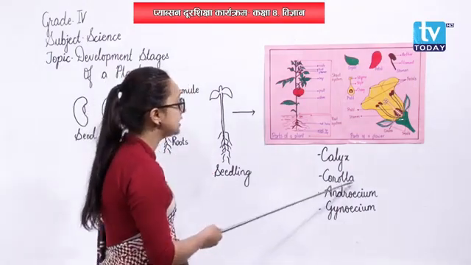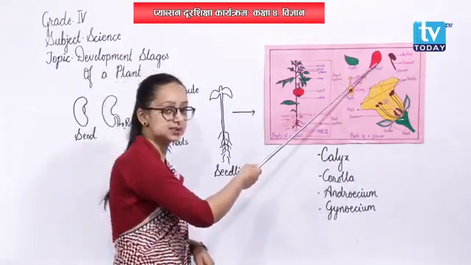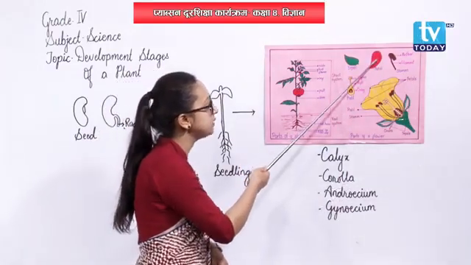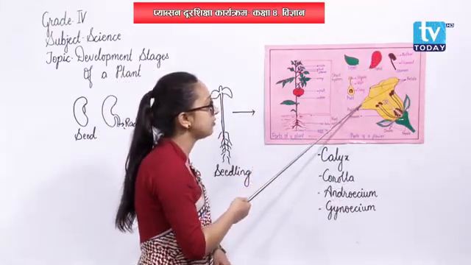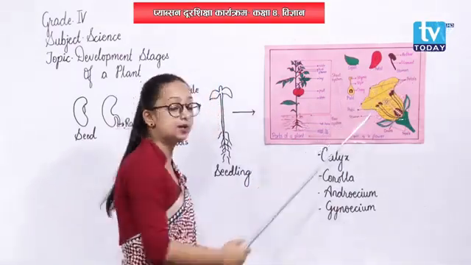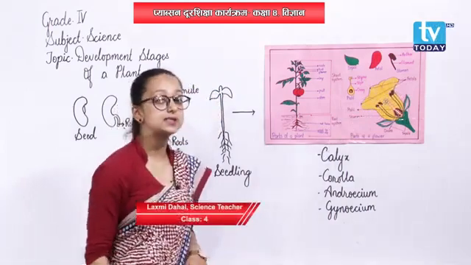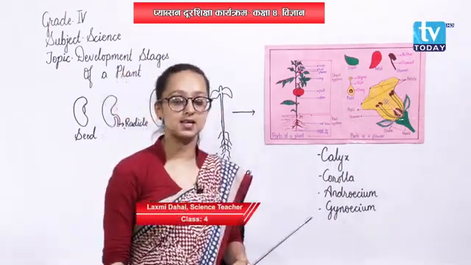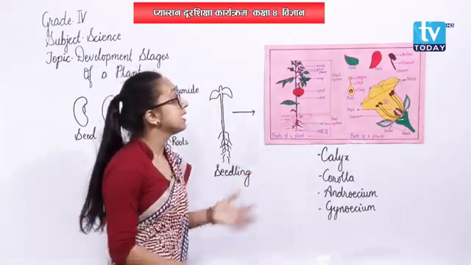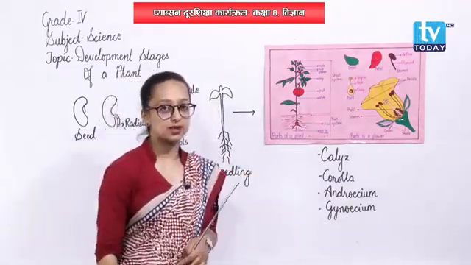And corolla is made up of many petals. See here, corolla is made up of many petals. Here in this flower, these are the petals that I have labeled. Okay. And petals are very brightly colored. They are very brightly colored. That means they look very attractive as well.